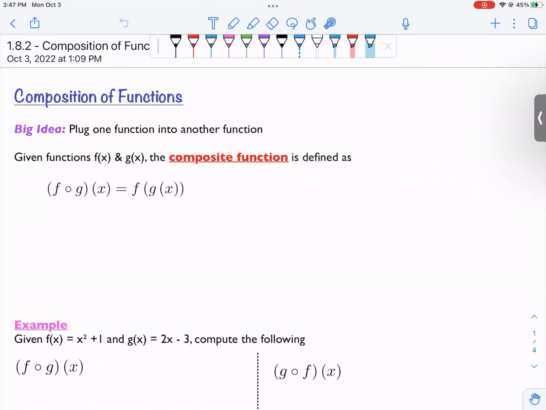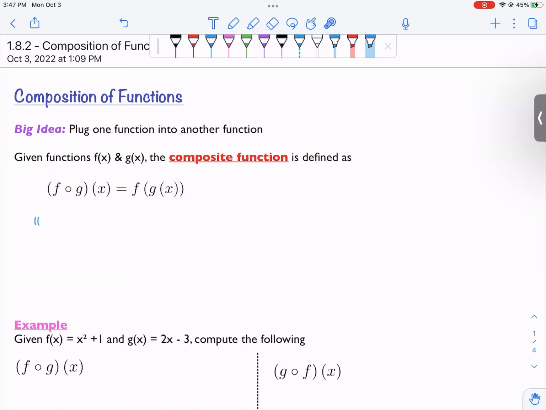Composition of functions. The big idea here is that we're plugging one function into another function. The composite function is defined in this way. The way we read this out loud is f composed with g of x.